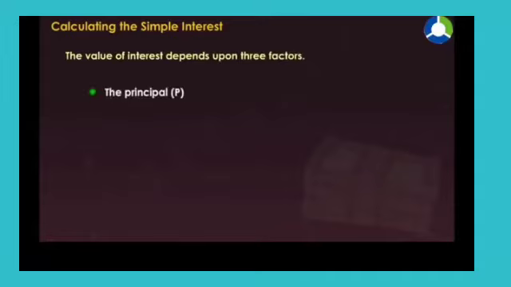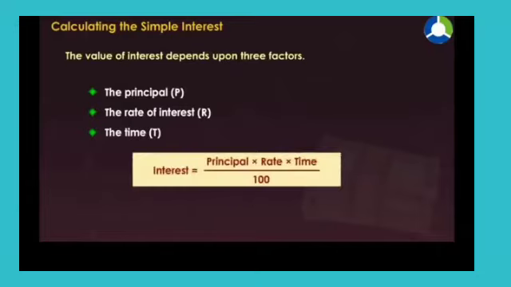Calculating the simple interest. The value of interest depends upon 3 factors. 1. The principal P. 2. The rate of interest R. 3. The time T. And is calculated by using the formula interest equals principal multiplied by rate multiplied by time upon 100.